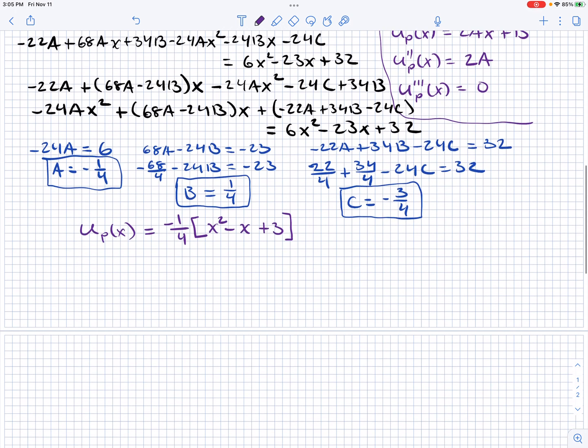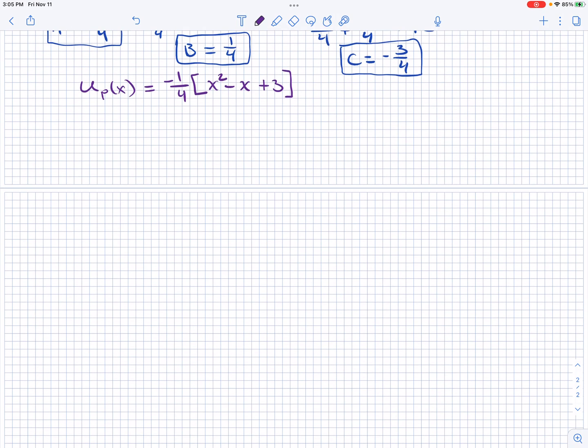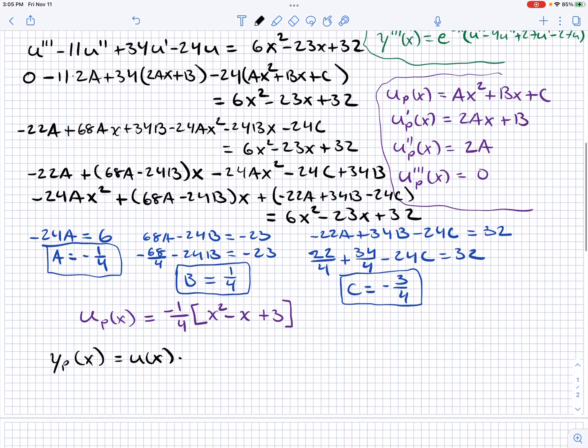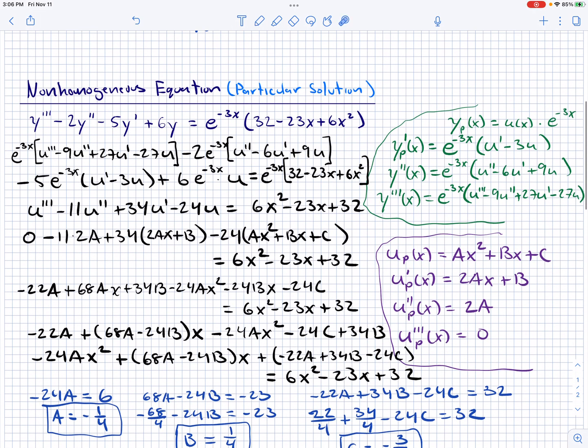And then, if you recall that our y sub p was in the form u of x times, there we go. I lost my place. u of x times e to the negative 3x, right?